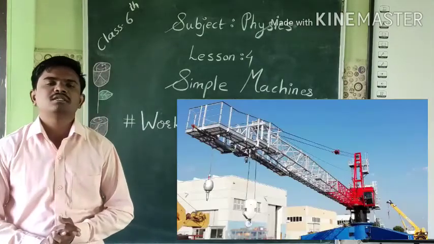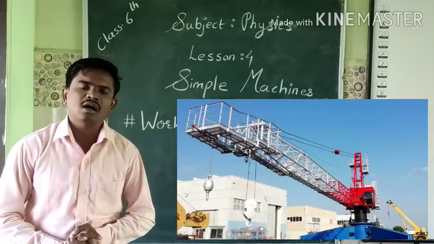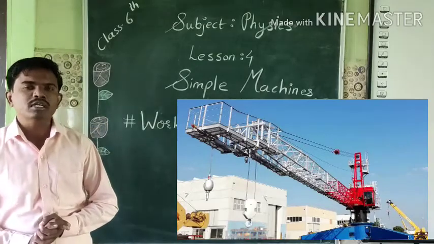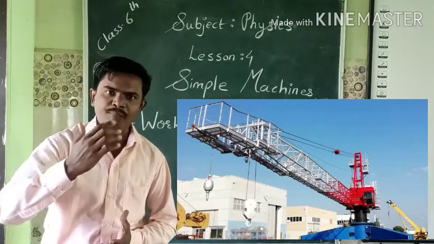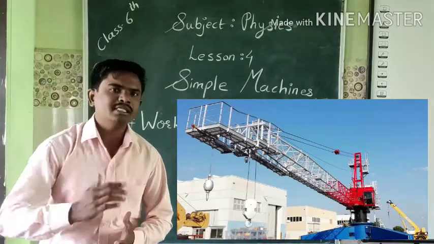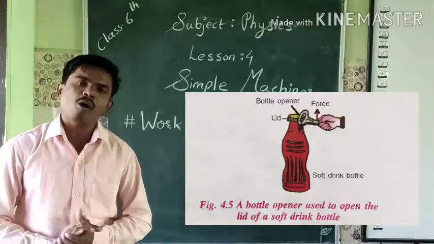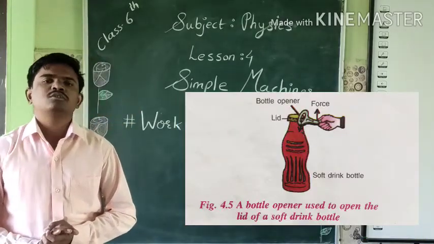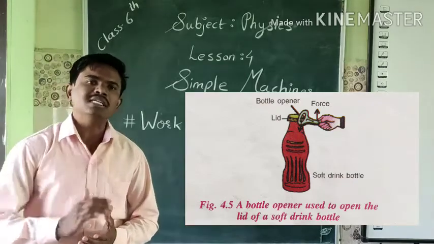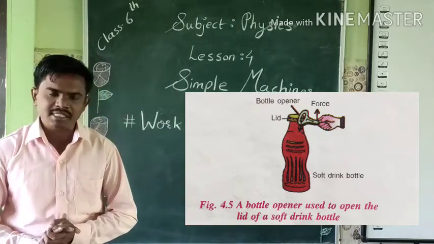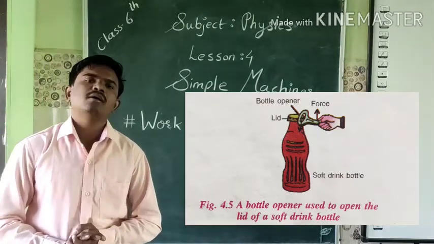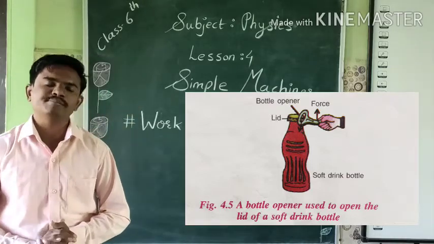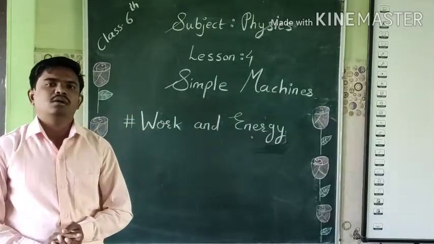Another example: in factories a crane is used to lift heavy equipment. Another example: a bottle opener is used to open the lid of a soft drink bottle. So here the bottle opener is a simple machine.